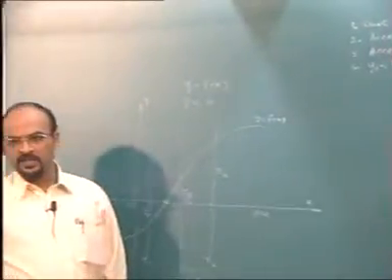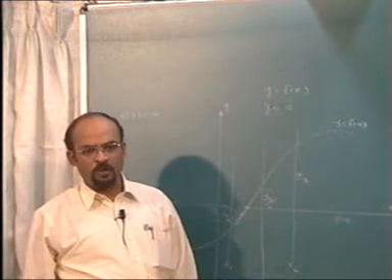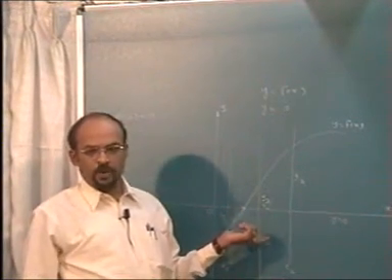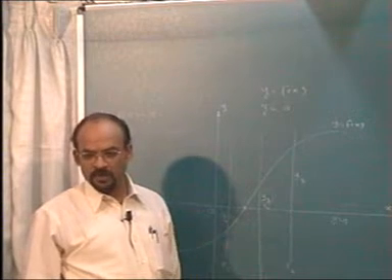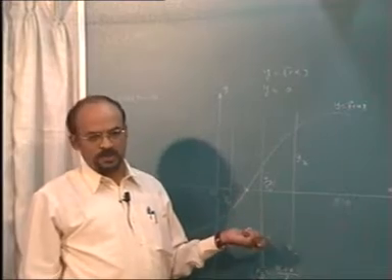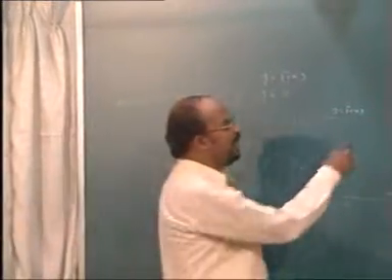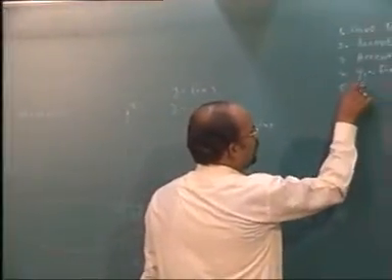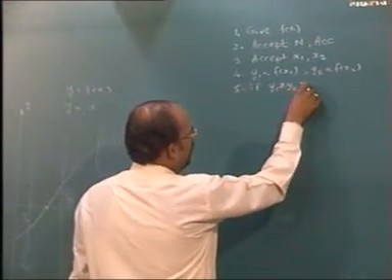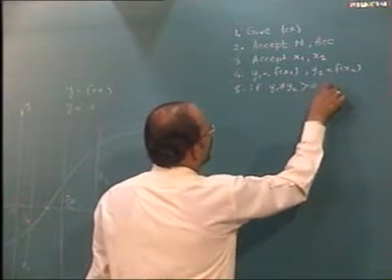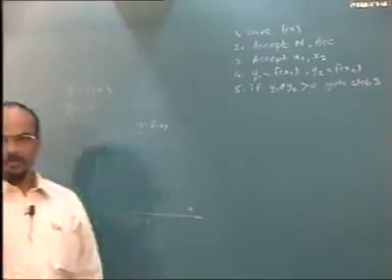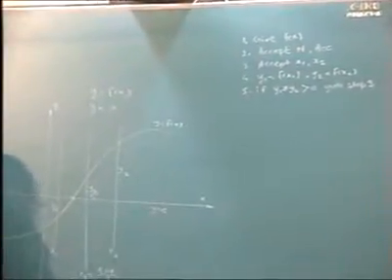What is our condition? y1 and y2 should have opposite signs. If y1 and y2 have the same signs, then their product will turn out to be positive. If both are negative, the product is positive. Both are positive, the product is positive. So I will say that if y1 into y2 is greater than 0, go to step 3, because that interval will be wrong.